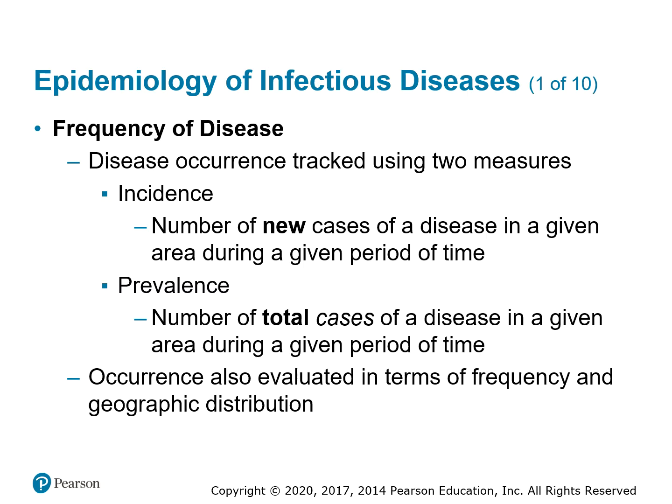So the parameters are given for the incidence. Prevalence is the number of total cases of a disease in a given area during a given time period. So incidence is new diseases, prevalence is total. The occurrence also is evaluated in terms of frequency and geographic distribution, and that's what I was just talking about. We might be talking about the number of new cases in just your college, for example, or in your dorm even.